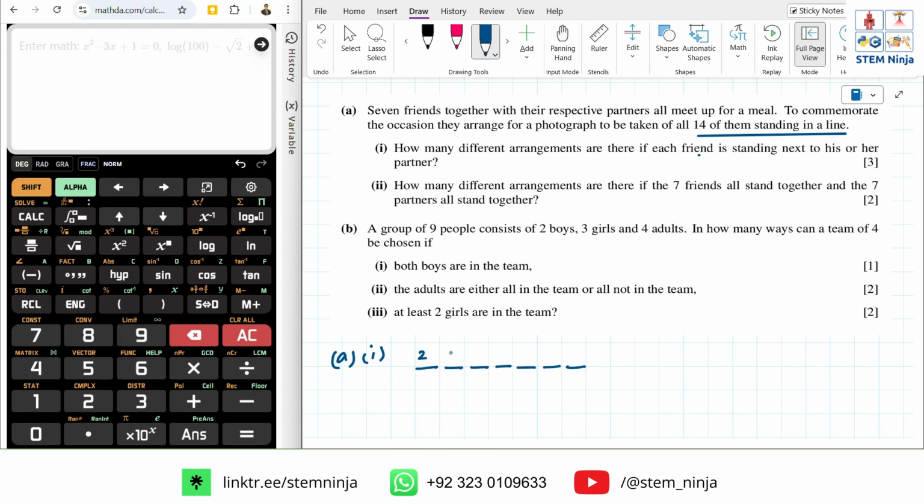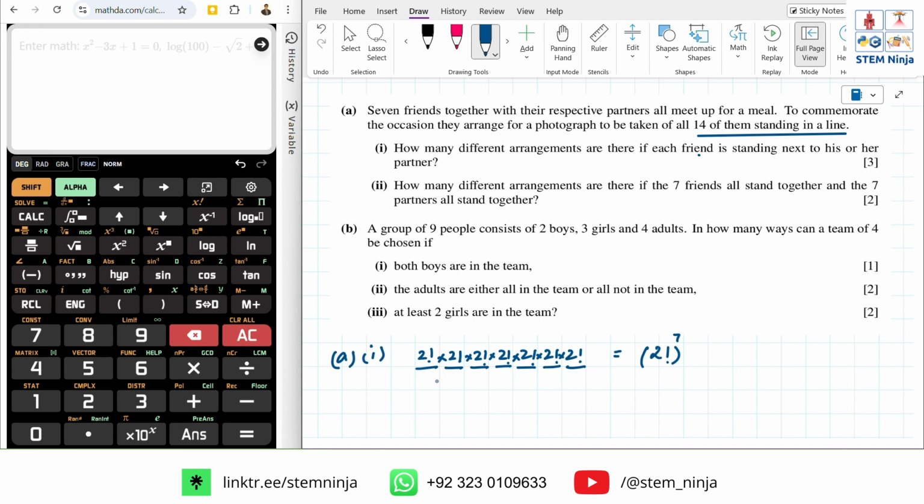So you have 2 factorial for each group, and all of these combined will give us the net possibilities. So these are 2 factorial raised to power 7 basically.